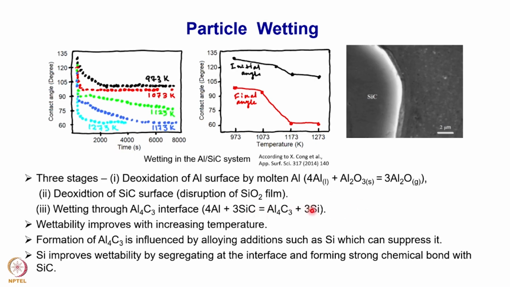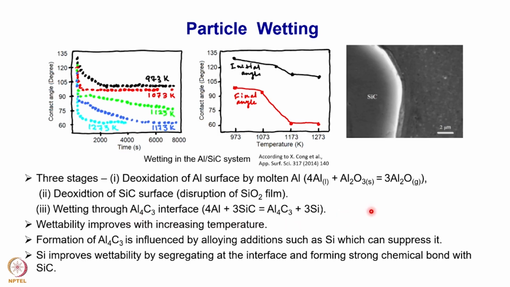If it grows and extends further away from the interface into the material, then this will grow as a reaction product, and since these kinds of compounds are brittle, it will not be good for the properties of the material. So the formation of this has to be limited only at the interface.